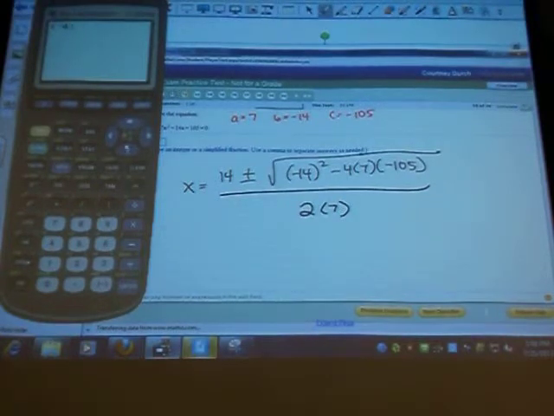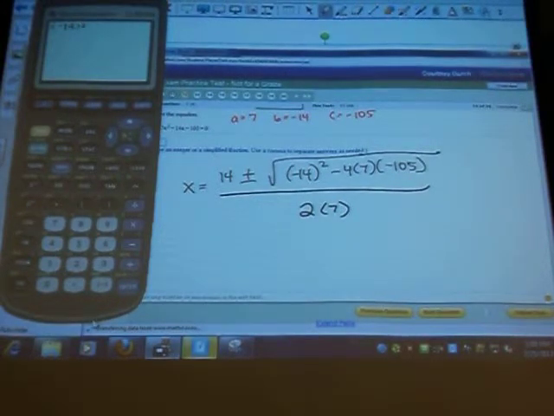Okay, so under my square root, I have negative 14 squared. Make sure you put that negative in parentheses before you square it, minus 4 times 7 times negative 105. And I end up with 31.